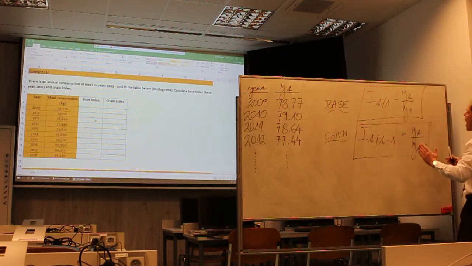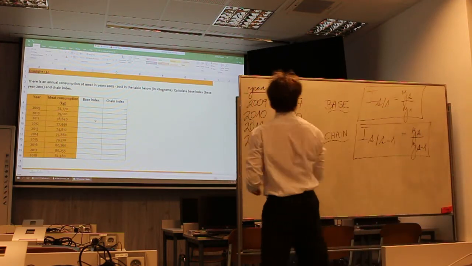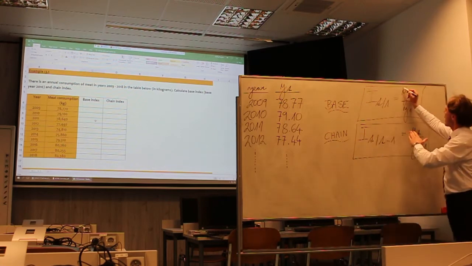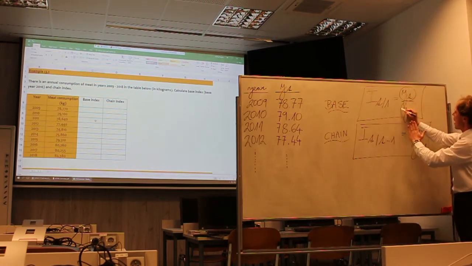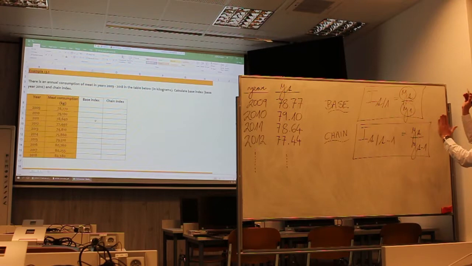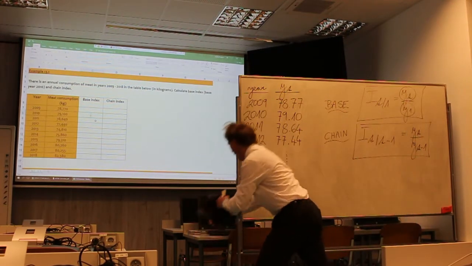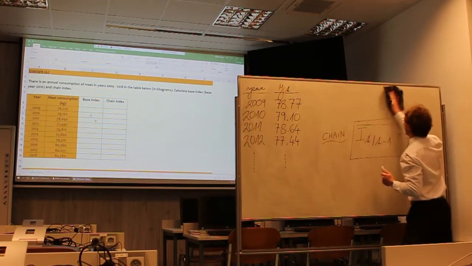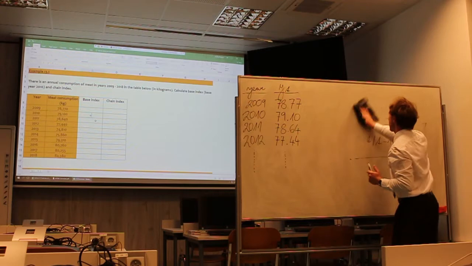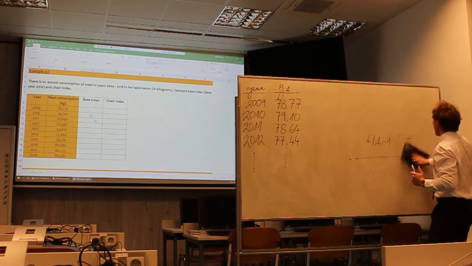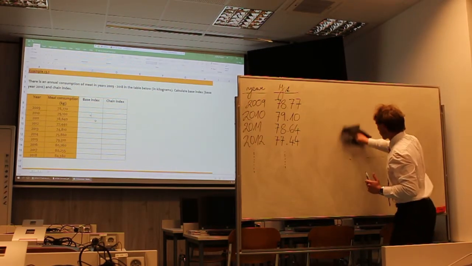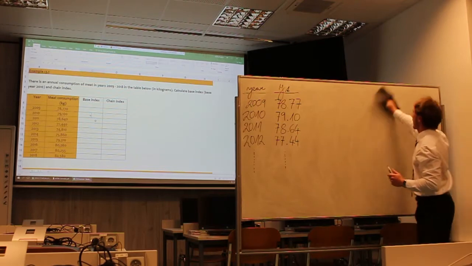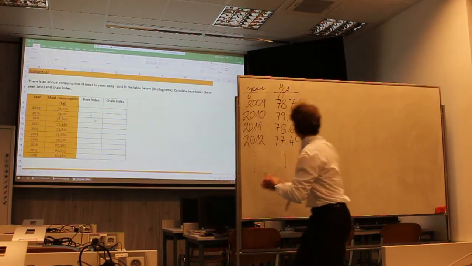We will start with base indices: y in time t divided by the first observation every time. I will delete these two formulas because I need space on the whiteboard, and I will show you how you can calculate these indices.